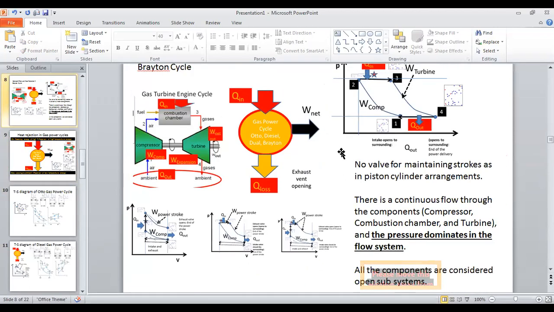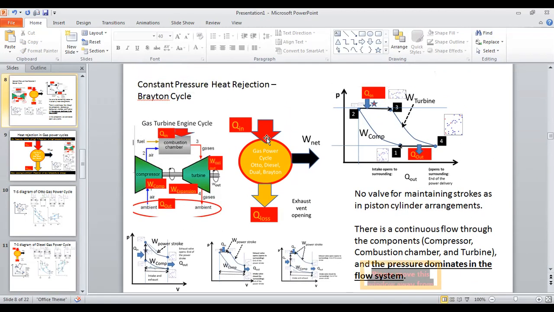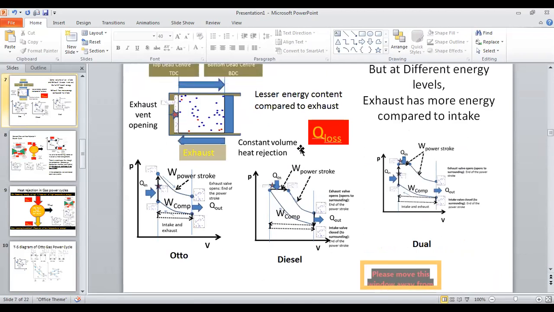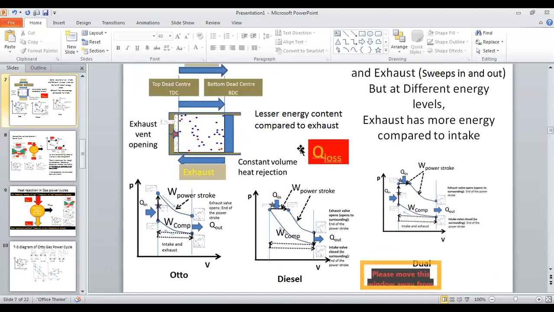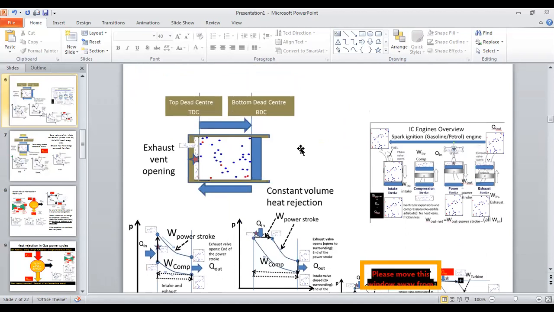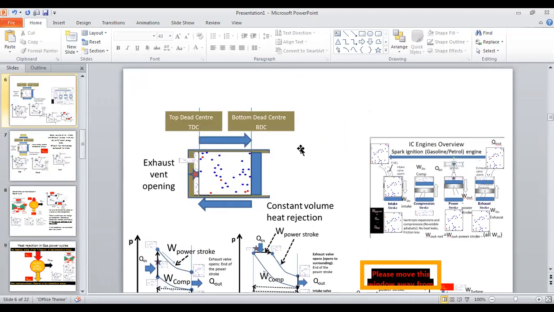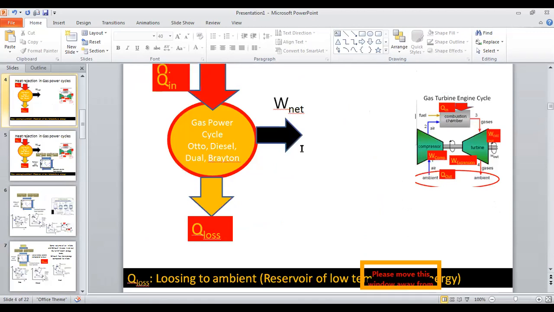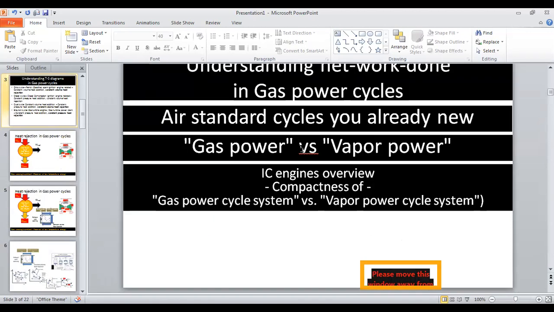Connecting Q out, or the Q loss, through the environment. And also, of course, constant volume heat rejection: how can this be when it comes to these cycles? In actual applications, there can be little variations. Don't worry about this. Quite interesting.